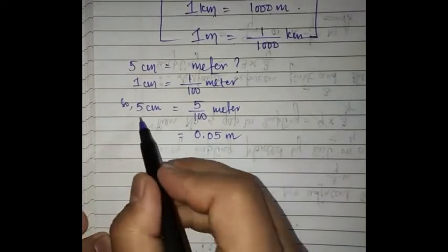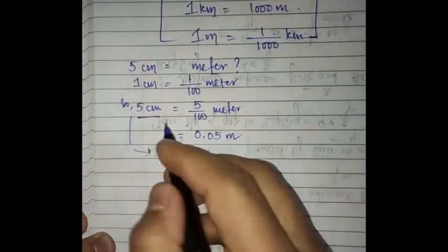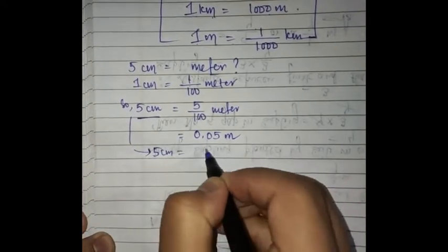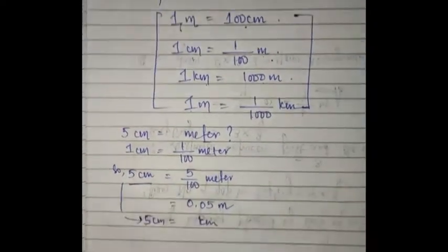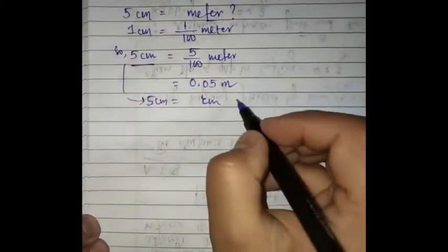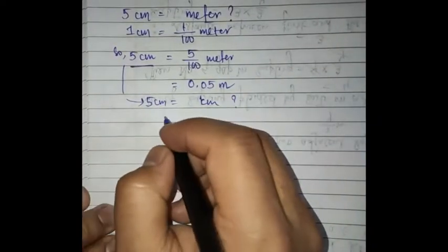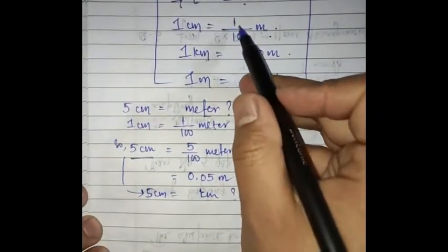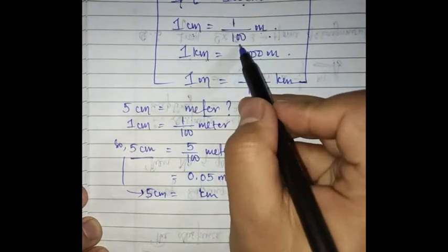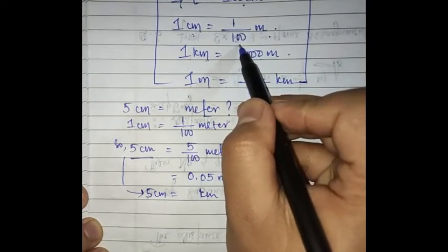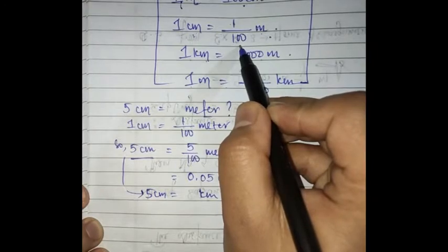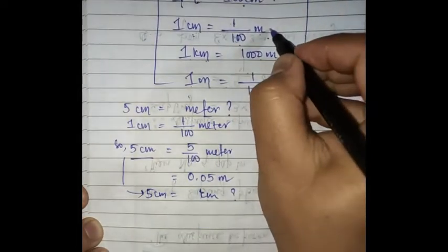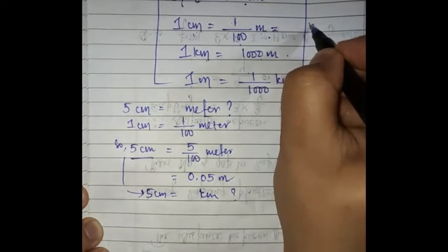Similarly, you have to convert this 5 centimeter to kilometer also, as this is in the question. Here I have not mentioned how much kilometer 1 centimeter is, right?